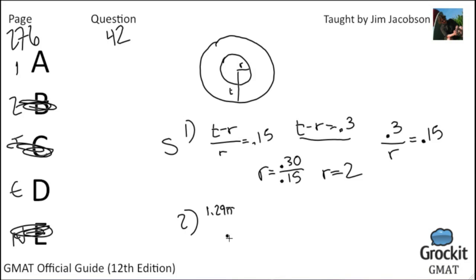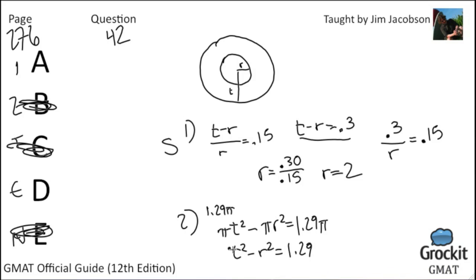The area of the outer circle would be pi times t squared, and we would subtract from it the area of the inner circle, pi times r squared, equals that 1.29 pi. We can divide all of this by pi to make it a little bit easier. We end up with t squared minus r squared equals 1.29.